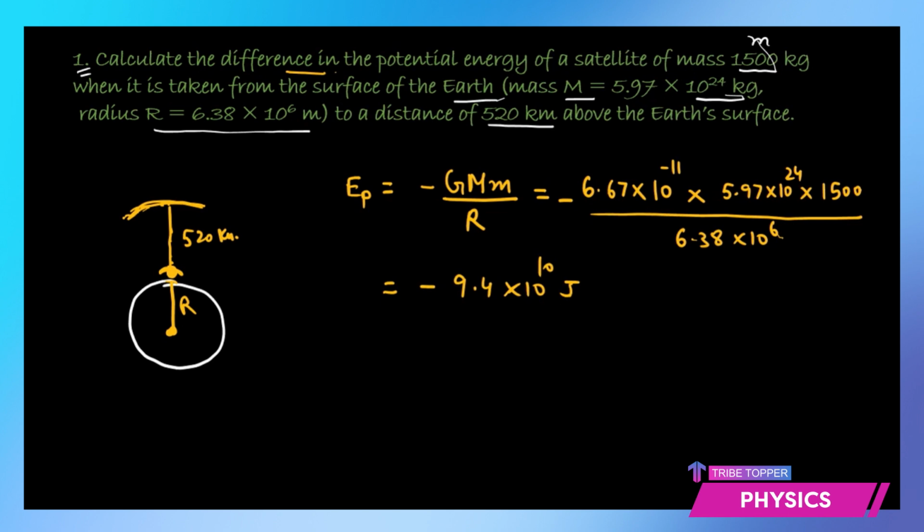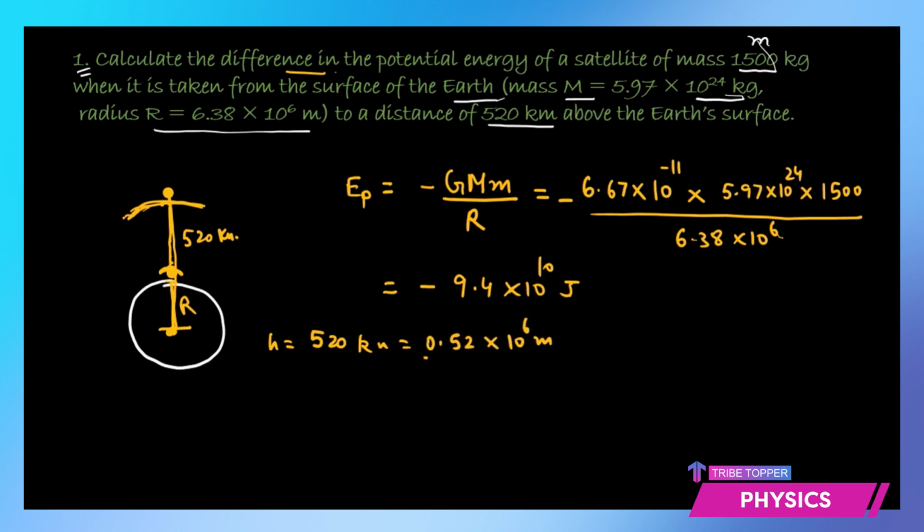Now, when it is lifted to this height of 520 kilometers, the only difference is that the distance between the center of the satellite and the Earth now has an added distance of 520 kilometers. That means 520 kilometers height is equal to 0.52 into 10 raised to 6 meters.